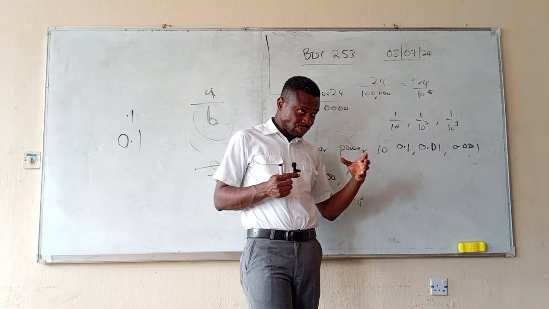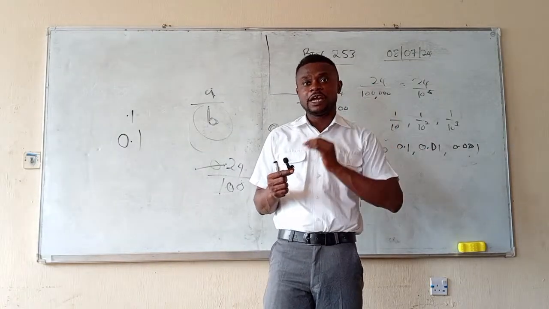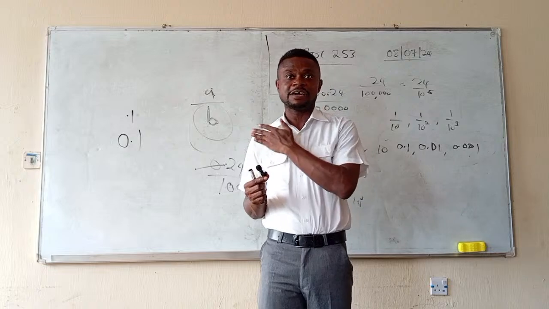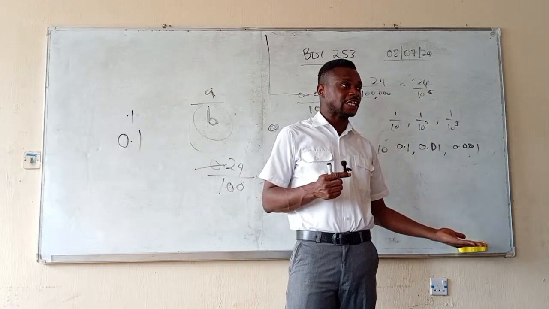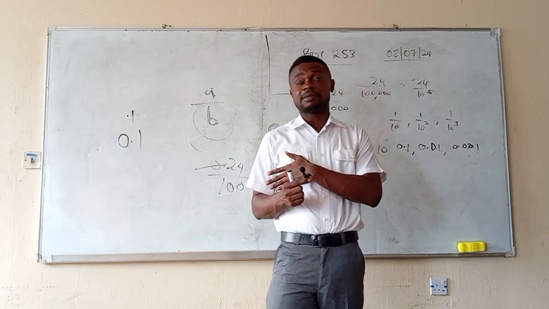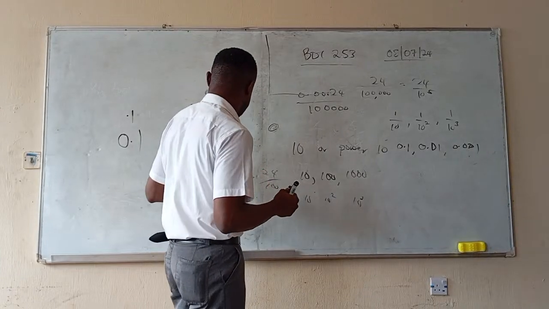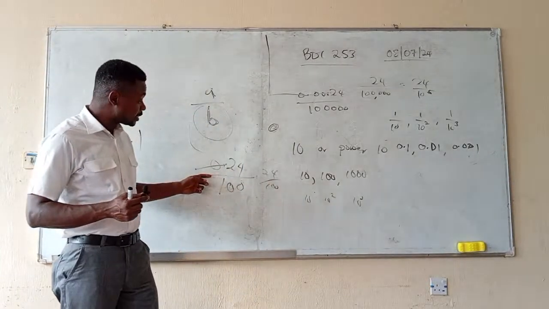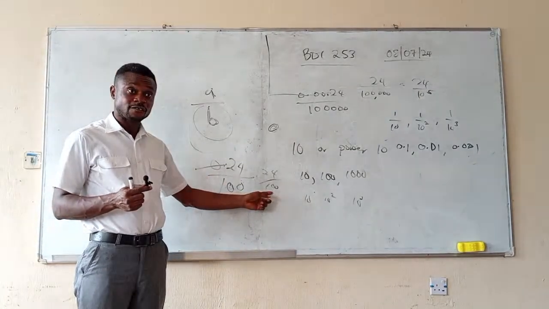Also, I'll test your knowledge of converting. You can convert a decimal fraction to a common fraction, and you can also convert a common fraction back to a decimal fraction. What we did here now, we just converted a decimal fraction to a common fraction.